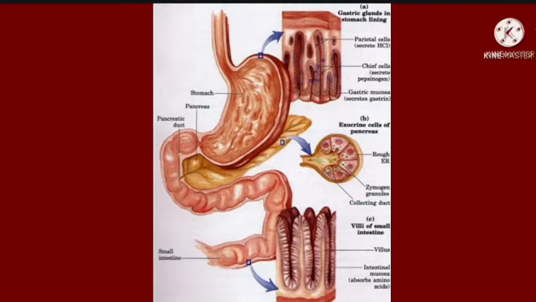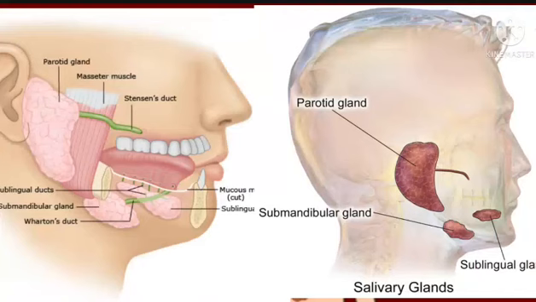Let me see one by one. Salivary glands. There are three pairs of salivary glands in the mouth. The largest, the parotid gland, is present in the cheeks. The submaxillary or submandibular gland is located in the lower jaw, and the sublingual gland is present beneath the tongue.